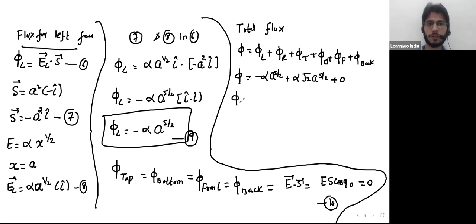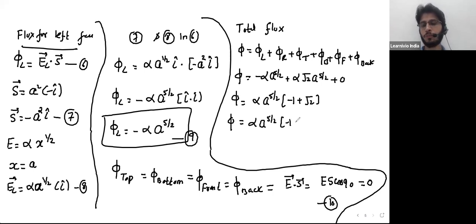So the total flux is, I can take alpha a to the power 5 by 2 as common. When I take it common, I am left with minus 1 and root 2. So phi is alpha a to the power 5 by 2 times minus 1 plus 1.4, so it's 0.4.